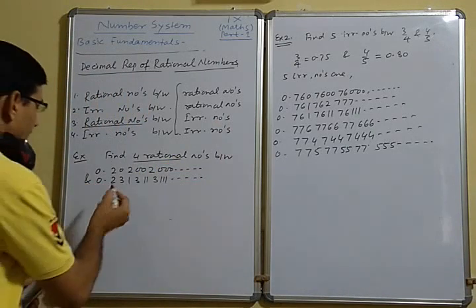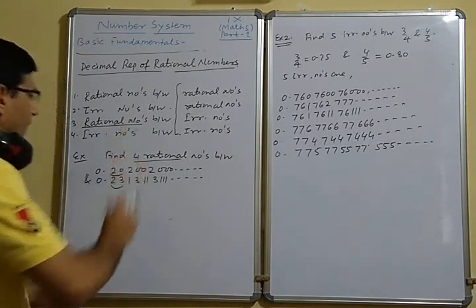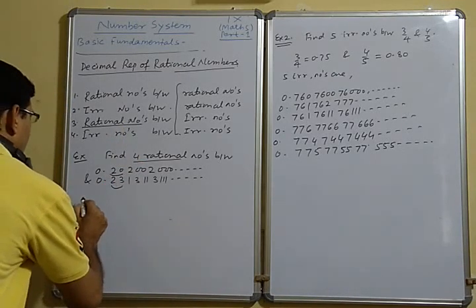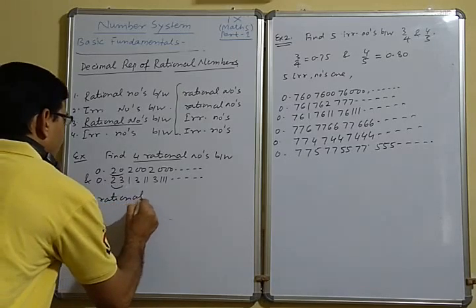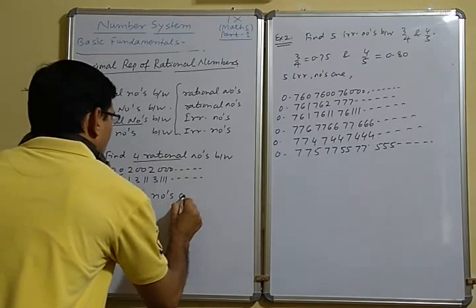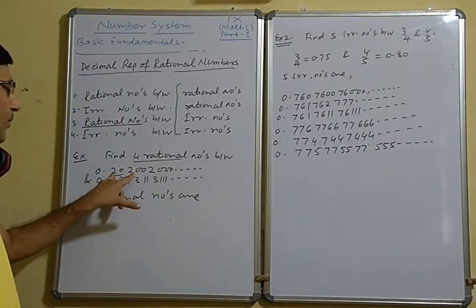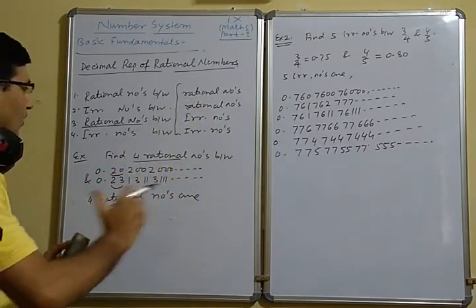Now compare the digits. This is 20 and 23. So we can insert four rational numbers between these two. We can also extend it up to as many digits as we want.